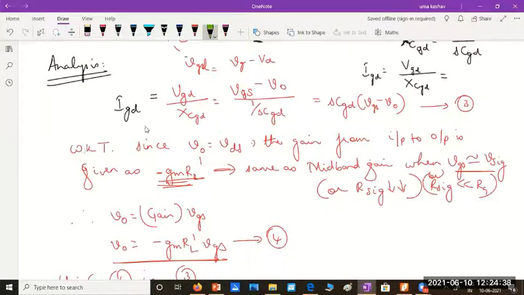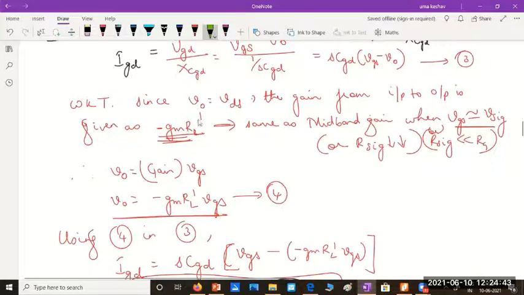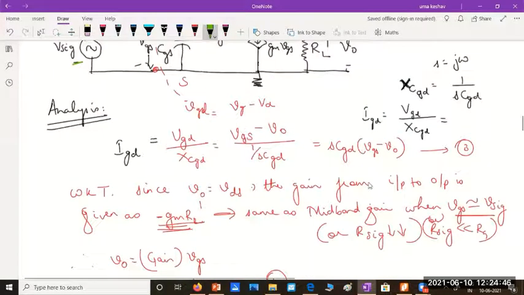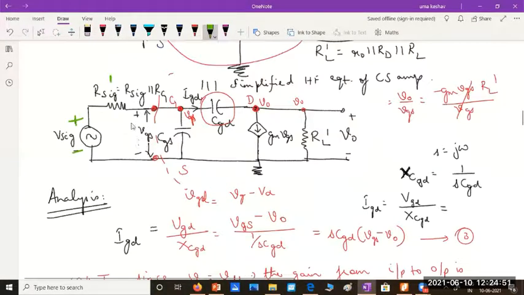Since the output voltage is the same as the drain source voltage, we also find the value of V0 in this circuit. Whenever this VGS voltage is considered as the input, the output voltage will be GM-VGS into RL dash with a negative sign. V0 by VGS is nothing but minus GM-VGS into RL dash divided by VGS, which gives the voltage gain minus GM into RL dash.